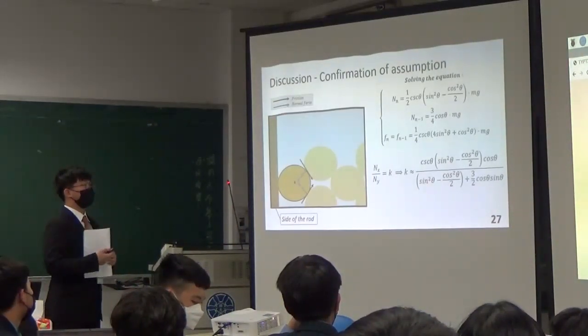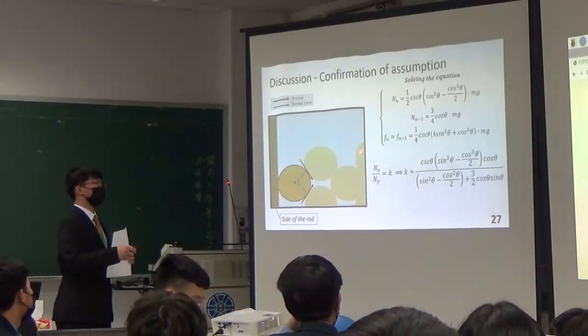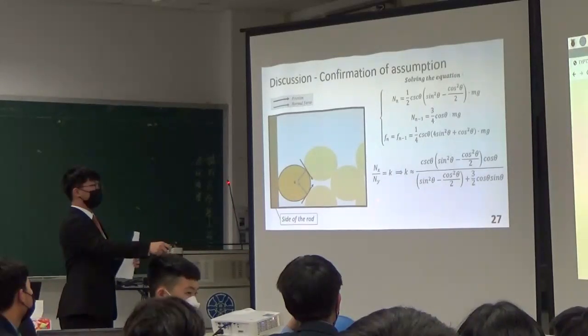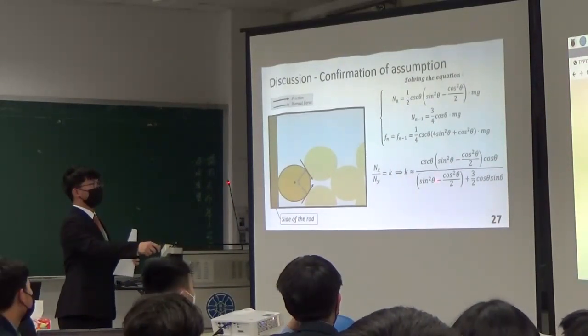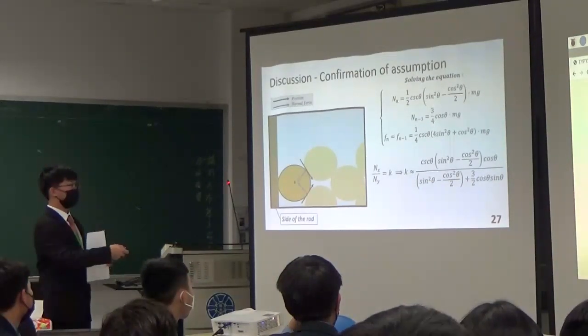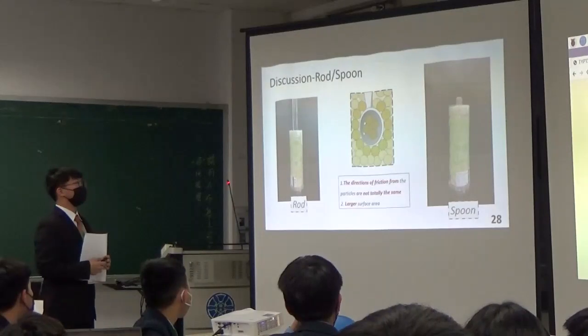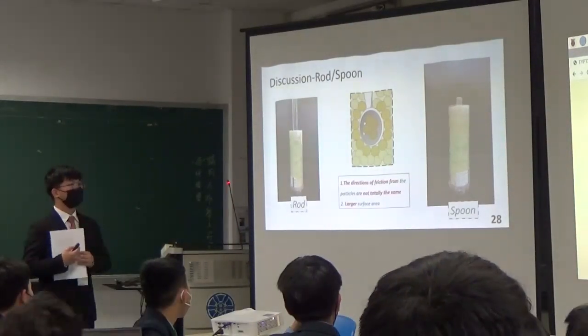By solving the equations, we get the values of the normal force and the friction, and substitute them into the K value. So K will approximately equal this, since we assume a close arrangement.